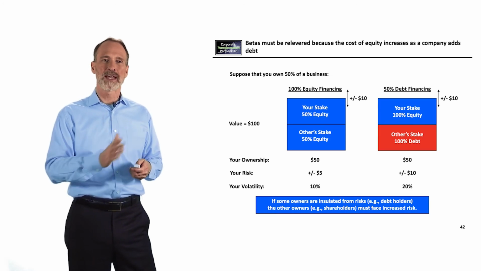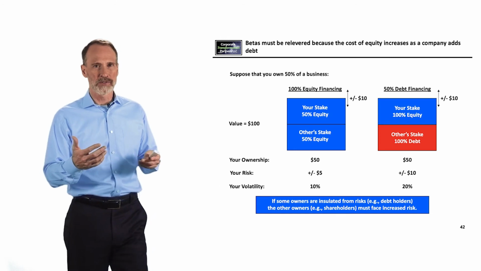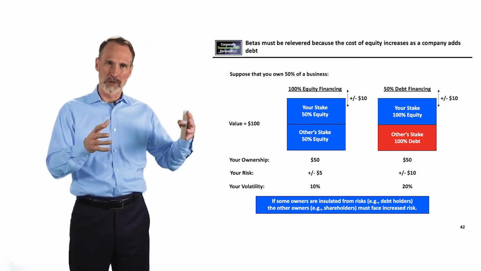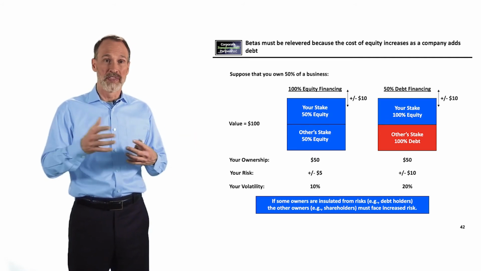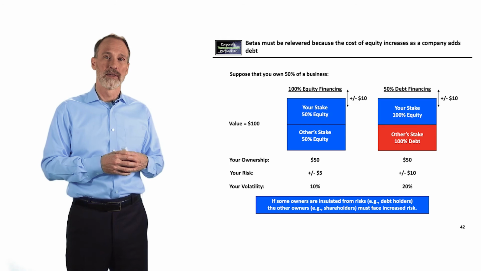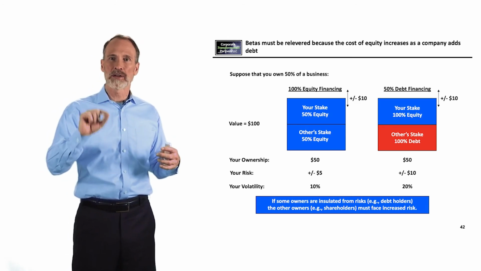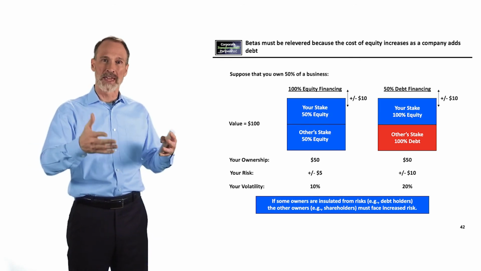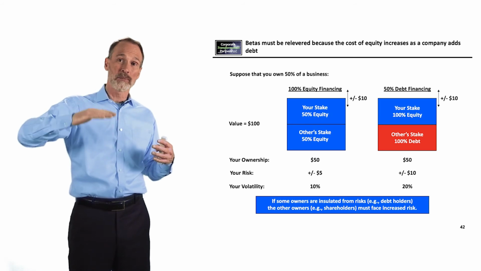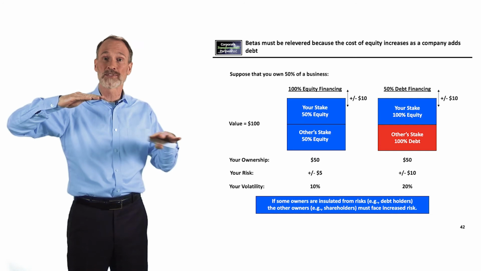Now let's take the exact same company but finance it a different way. Let's now say you own 50% of the company in equity, but let's say the other 50% now is a debt holder. They own $50 million there. But what's different is that on the debt side, because they have a prior claim to the assets and to the value of the firm than the equity holders, as the value of the company goes up and down that 10%, the debt holder's claim stays solid at $50 million.